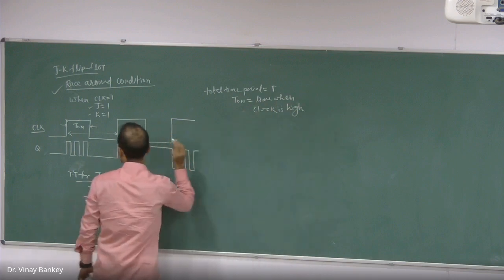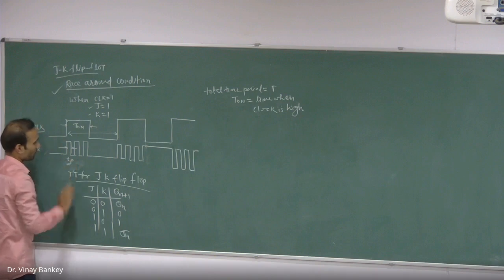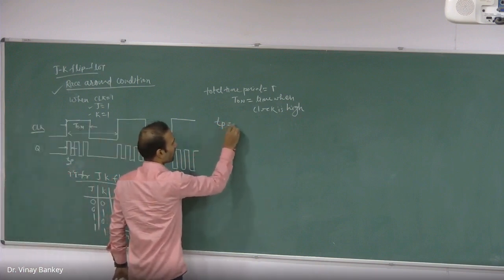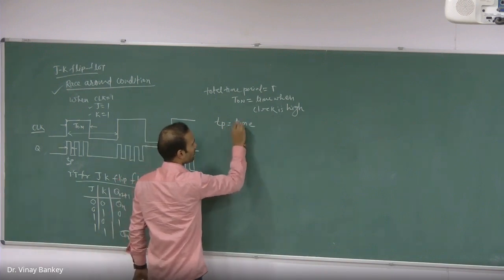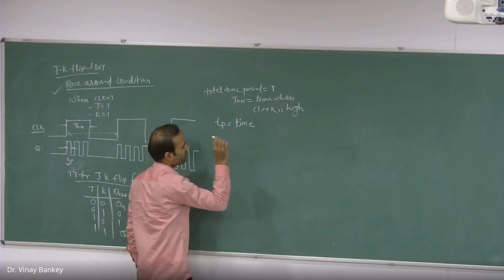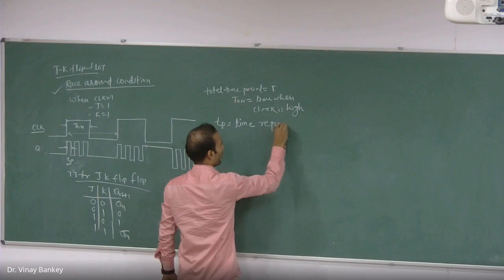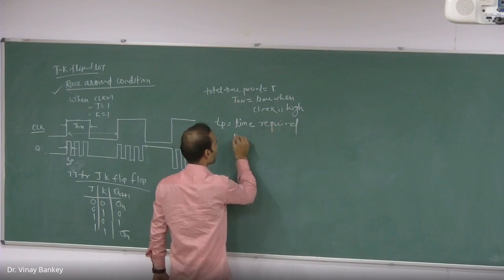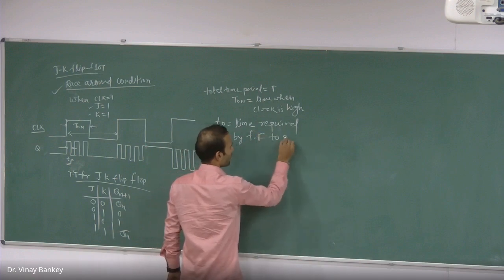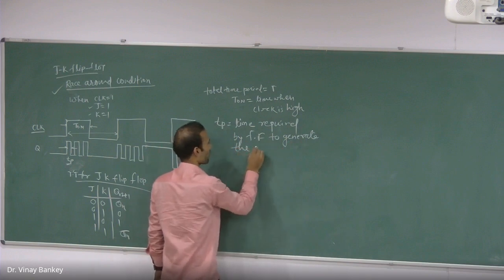And this is the propagation delay, TP, we defined. What is TP? TP is nothing but the time taken by the flip-flop to generate the output, the time required by the flip-flop to generate the output.